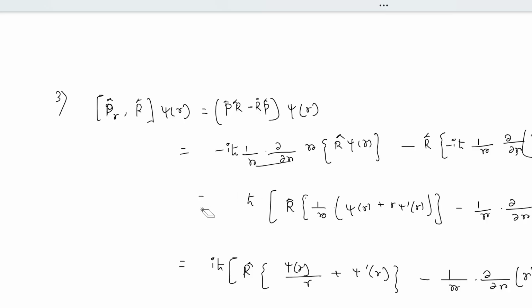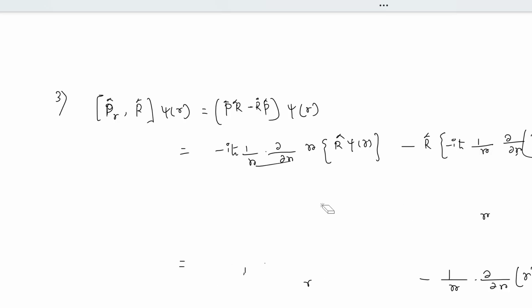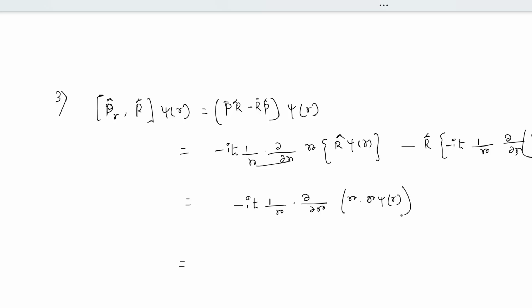So let me start again because I am getting confused whether I have made a mistake here or not. So let me start and rewrite again. This is equal to minus iħ (1/R) ∂/∂R of R into R psi R, where this R psi R is coming from this operation.